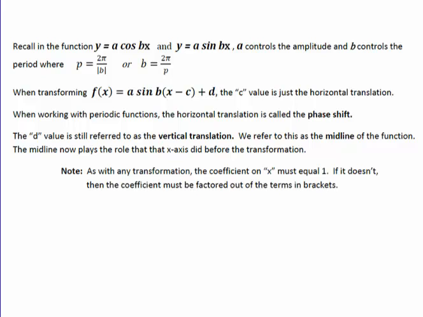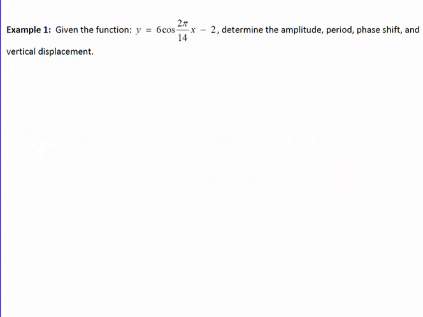But what we have to remember, and we did this with other transformations, we have to make a note here. If there is any coefficient on the x value, if x does not equal 1, we must factor out that coefficient from all the terms in the brackets. So we've done that before. If x is a number, we must factor it out of that c value to find the true phase shift.